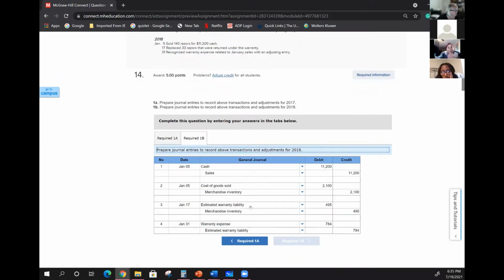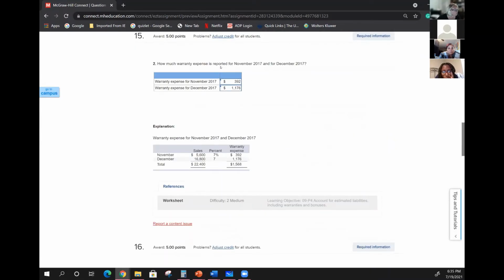Our estimated warranty is going to be the $11.2 times 7%. So it's $495. We're going to credit the inventory because we're sending those razors out. And then we're recognizing the expense on the January 31st date. Warranty expense, which is 7% of the sales, $784. And then we are crediting the liability account.